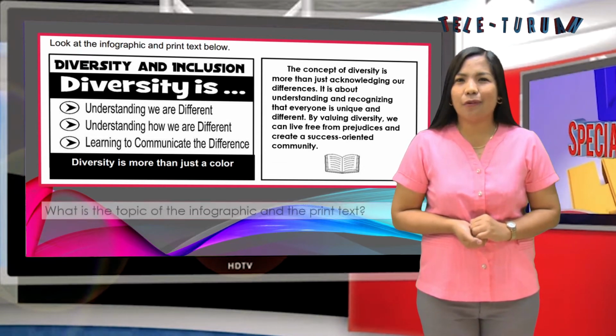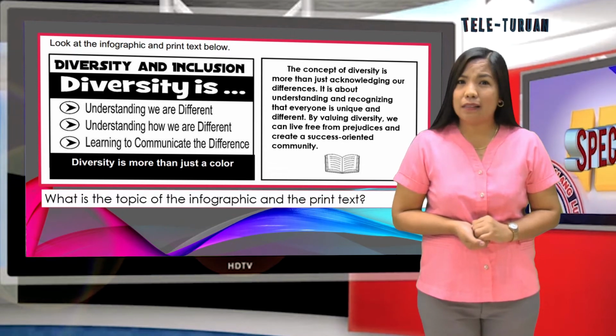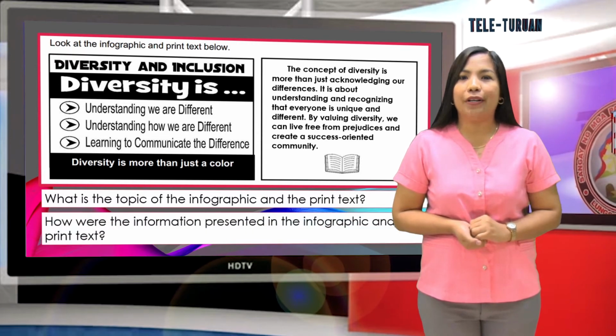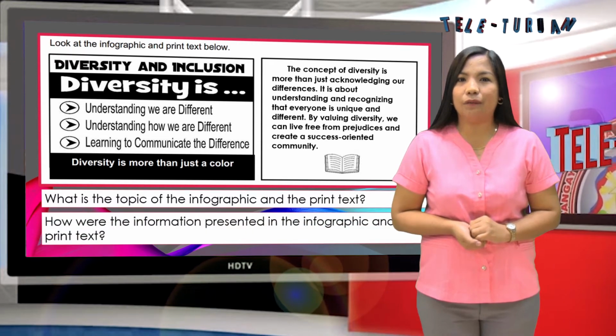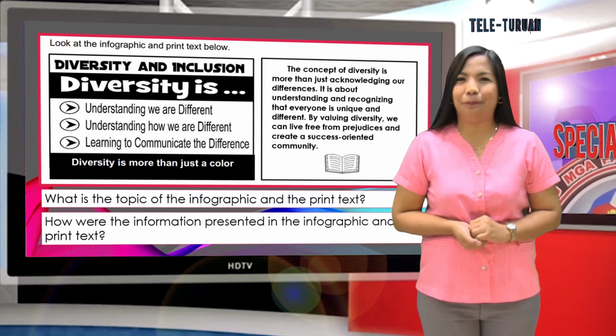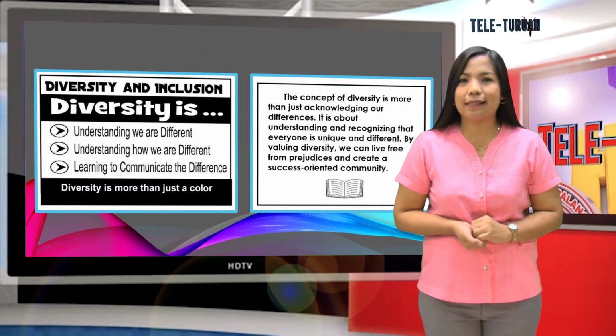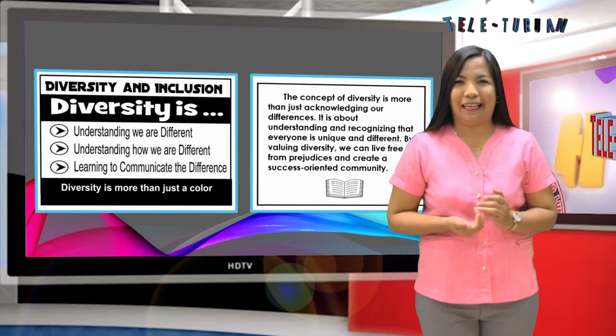And now class, the questions are, what is the topic of the infographic and the print text? How were the information presented in the infographic and the print text? That's correct. Both infographic and the print text talk about diversity.